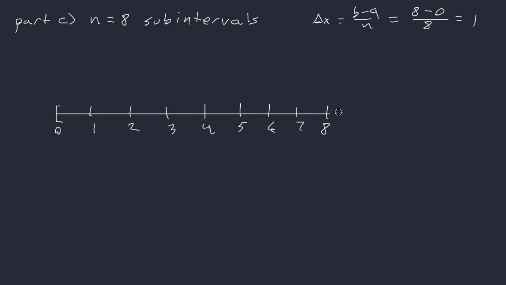Okay, so when we do the right-handed sum, remember we start on the right side, so we'll use v of 8, v of 7, v of 6, v of 5, and all the way up to v of 1, but we won't include 0.